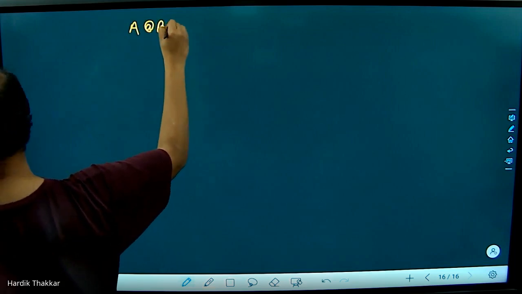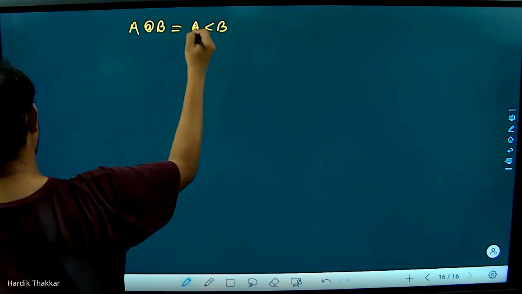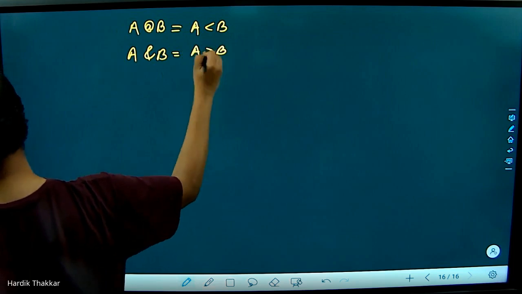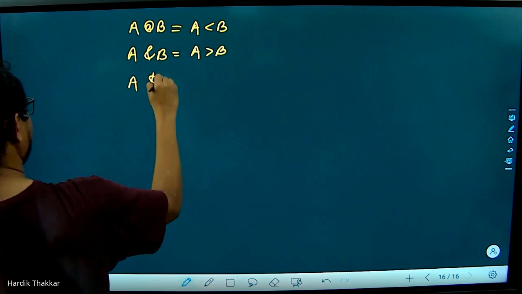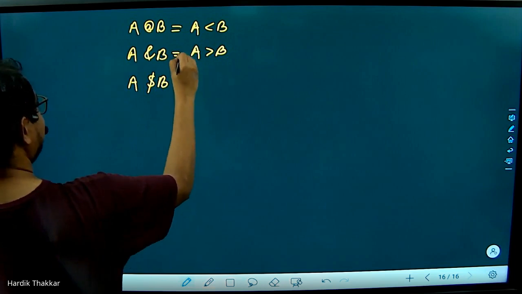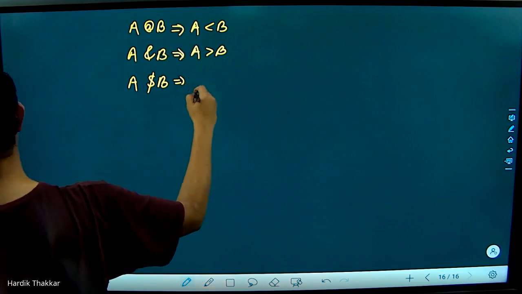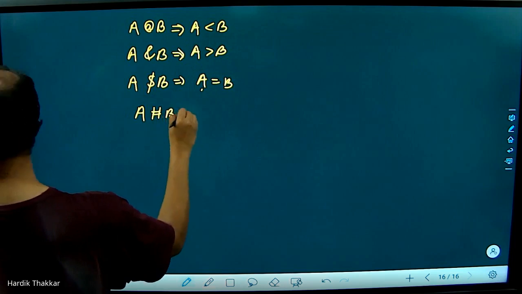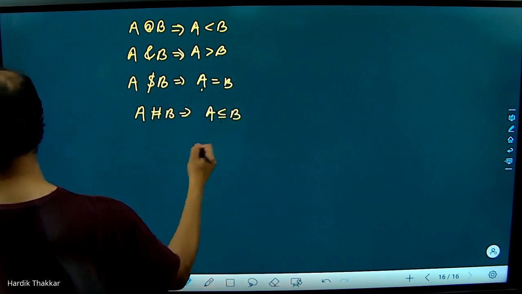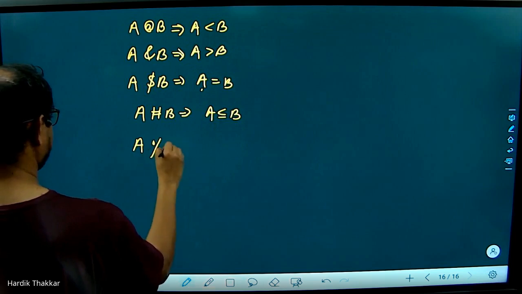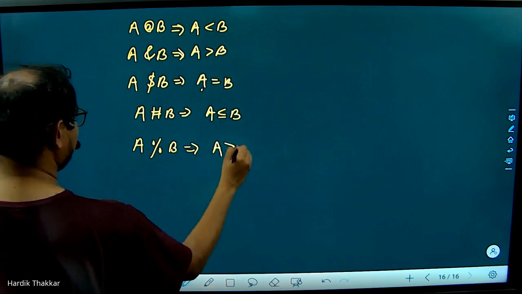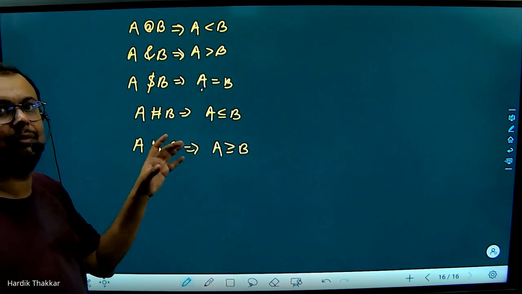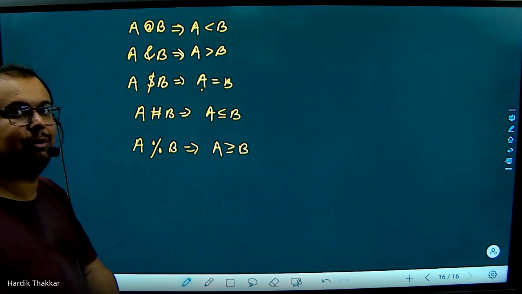A at the rate B means A is less than B. Next is A ampersand B, which means A is greater than B. Next is A dollar B, which means A is equal to B. Next is A hash B, which implies A is less than or equal to B, and the last one is A percentage B, which implies A is greater than or equal to B. So we just need to decode these symbols, and further we have to do the same thing which we have done in questions 1 to 5.